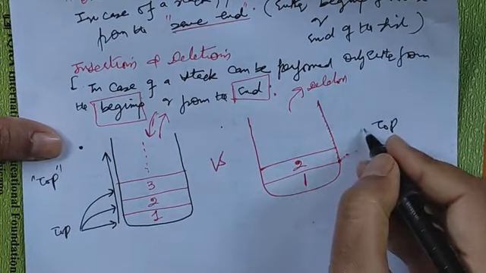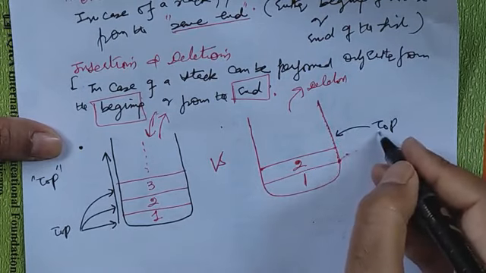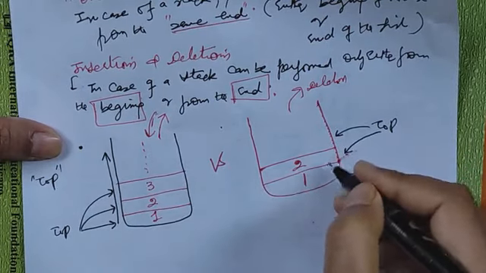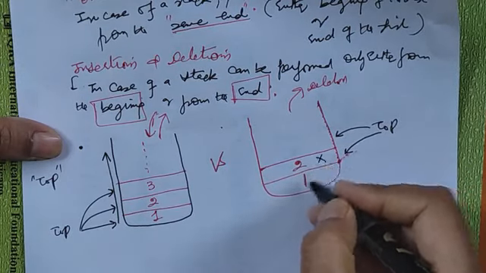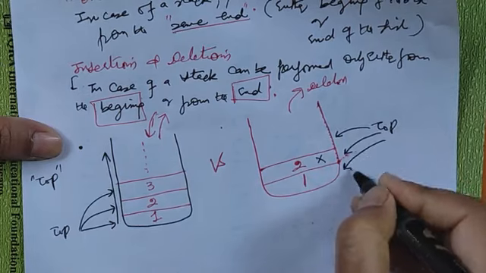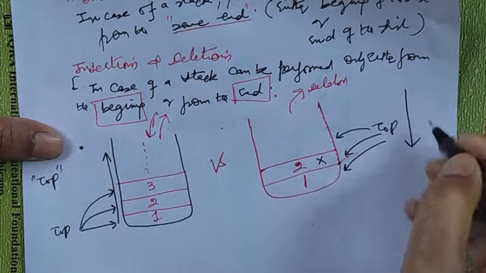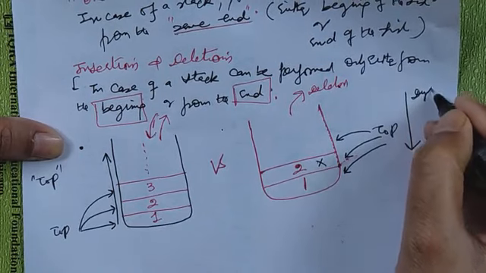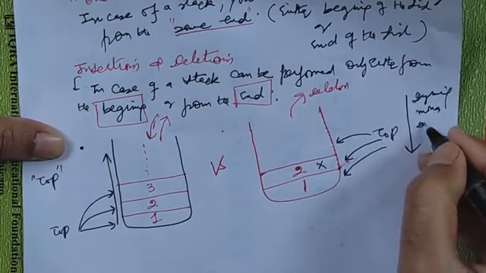Top was earlier pointing to 3. Now since that is deleted, top will point to 2, and once 2 is also removed, top will point to 1. So in case of deletions, top dynamically moves downwards.